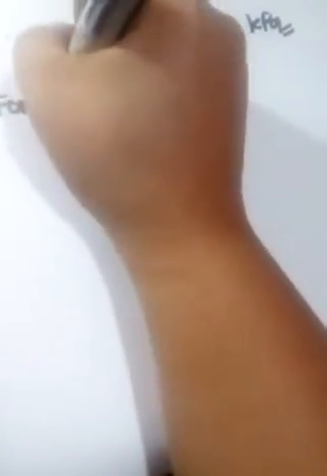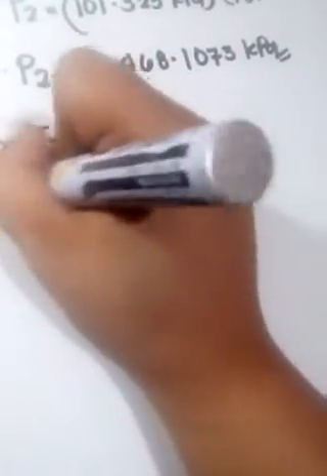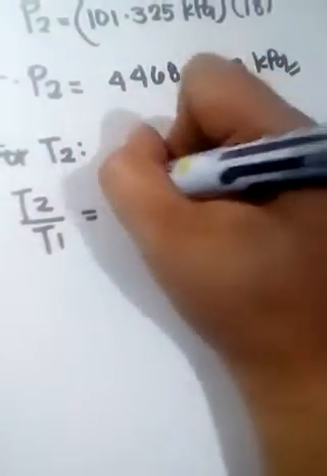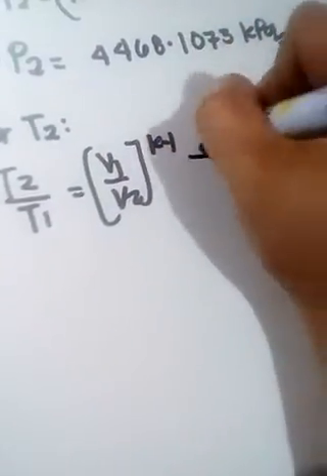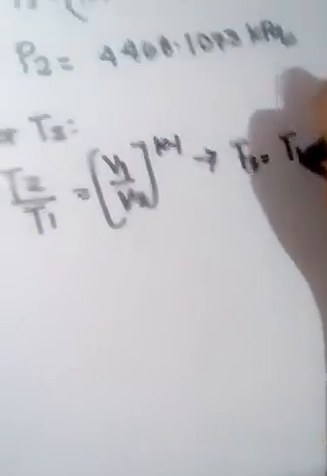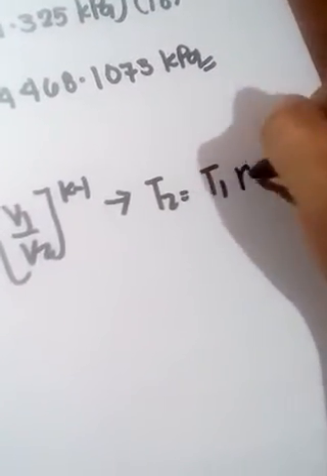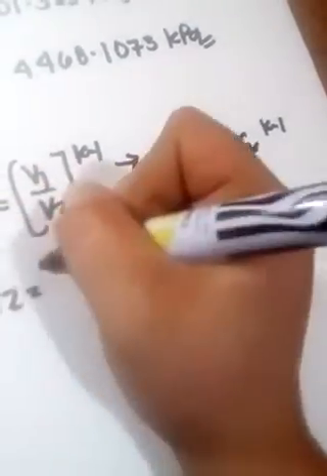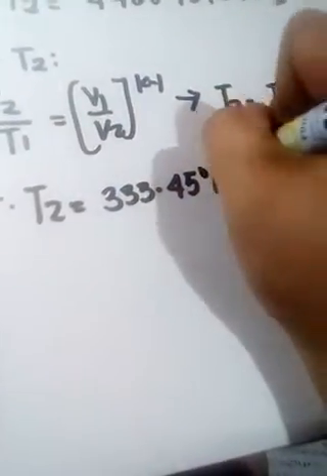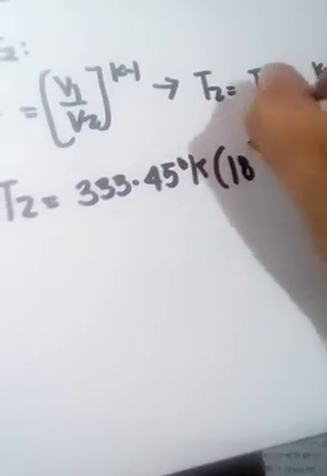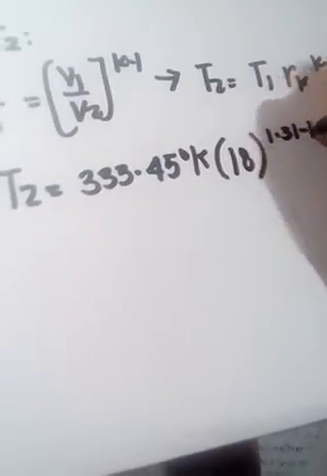Next is T2. We're going to use this equation: T2 over T1 equals (V1 over V2) raised to K minus 1, wherein T2 equals T1 times RK raised to K minus 1. Therefore, T2 is equal to 333.45 degrees Kelvin times 18 raised to 1.31 minus 1.